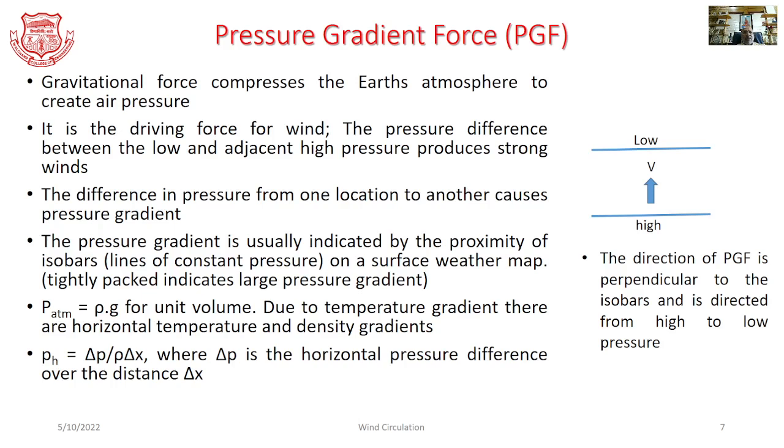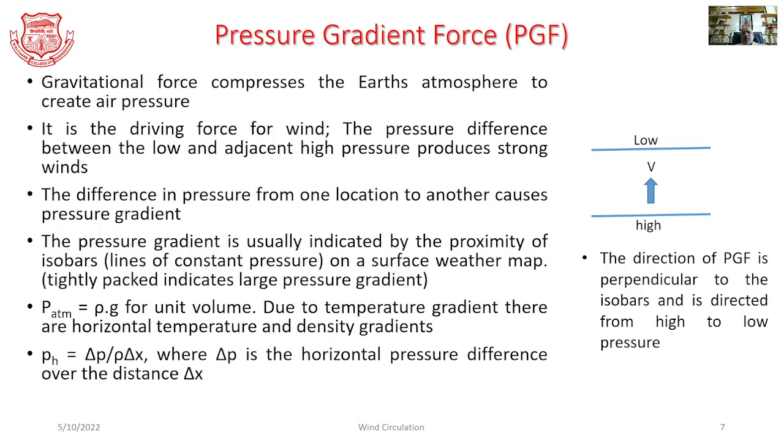So the gravitational force compresses this Earth's atmosphere to create the air pressure. This air pressure is causing certain densities to occur. As the densities are different, it induces the driving force for the wind.